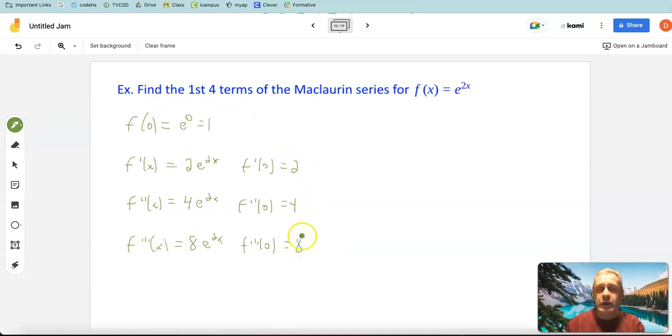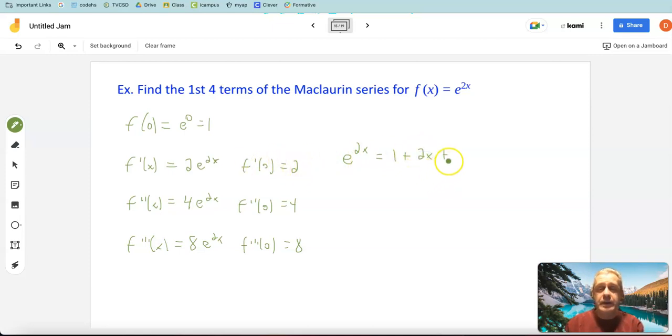So now utilizing all these function values and derivatives, all valued at 0, using the Maclaurin polynomial formula, this should equal just 1 plus the next term, x. The coefficient here would be 2, so it would be plus 2x.